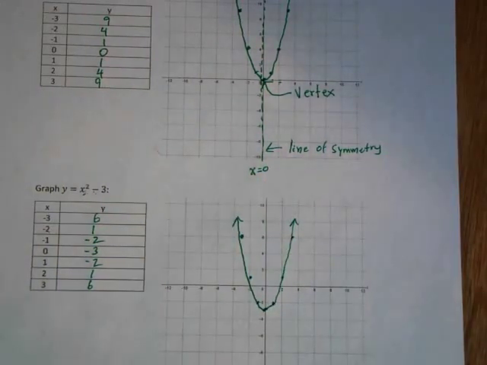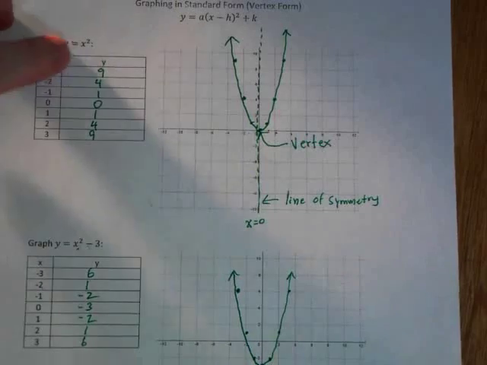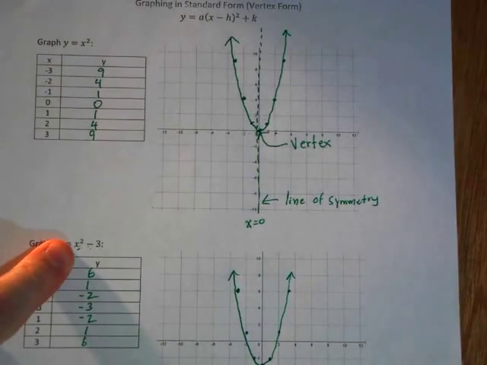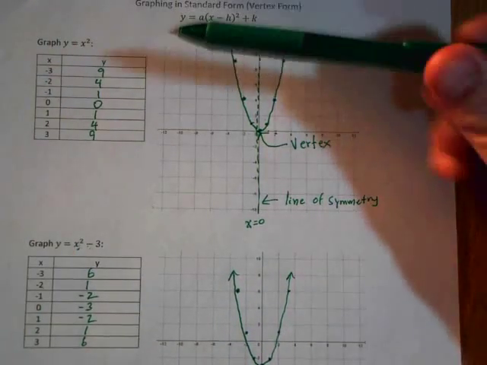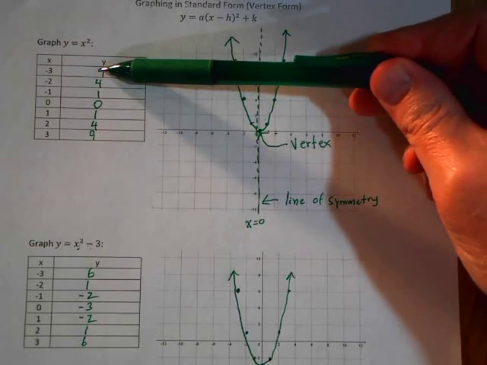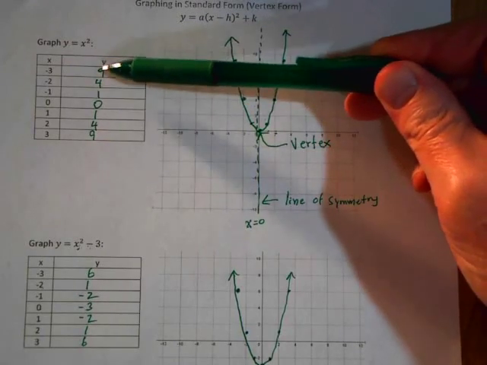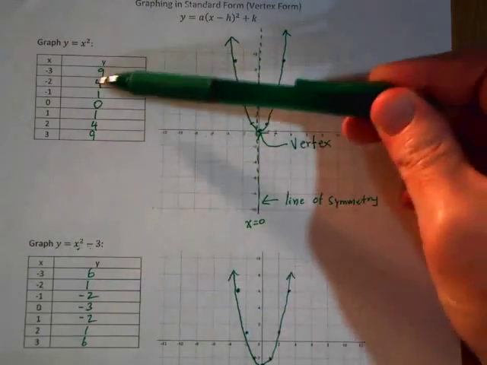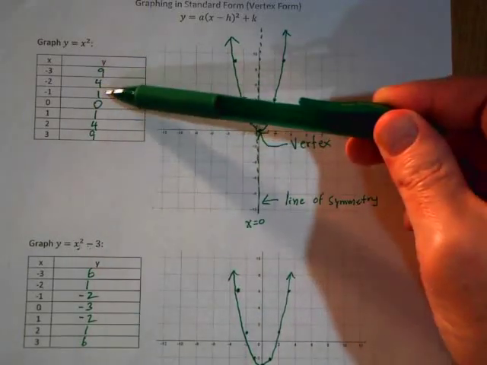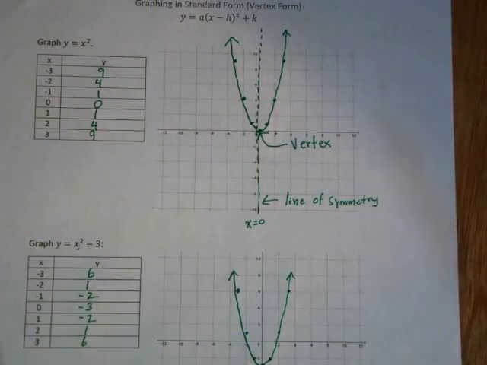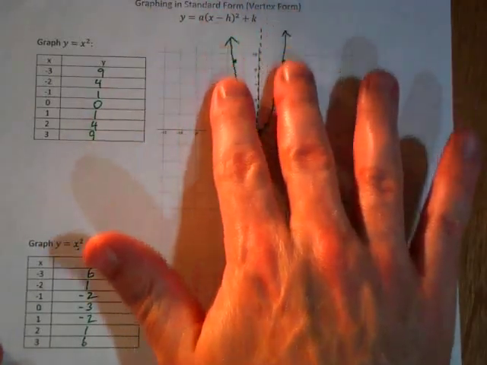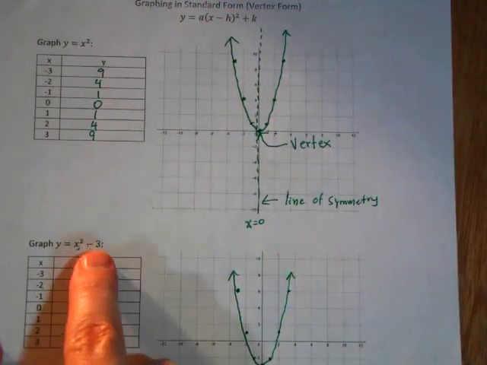So what changed between y equals x squared and y equals x squared minus 3? Well, if you look, all of the y values are exactly 3 smaller. 9 minus 3 is 6. 4 minus 3 is 1. 1 minus 3 is negative 2. So what happened is we took this picture here and we simply slid it down exactly 3 units.